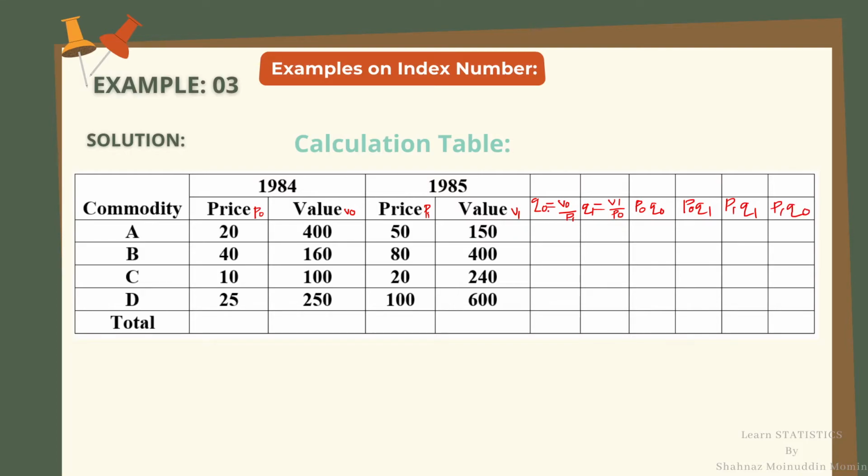Now we shall obtain first Q0. The first value of Q0 is obtained by dividing 400 by 20, that is it comes out to be 20. Similarly 160 by 40, this is 4, like that 10, 10.